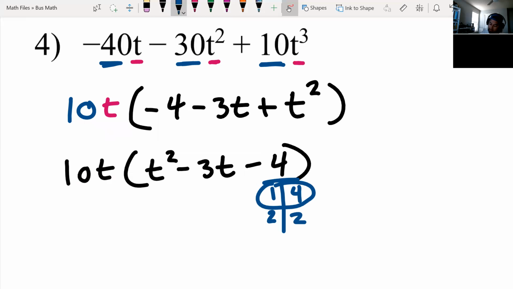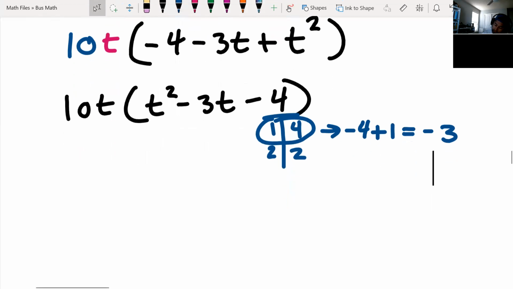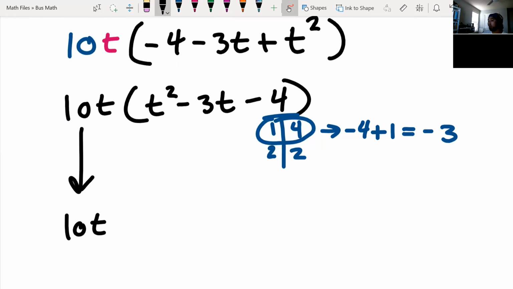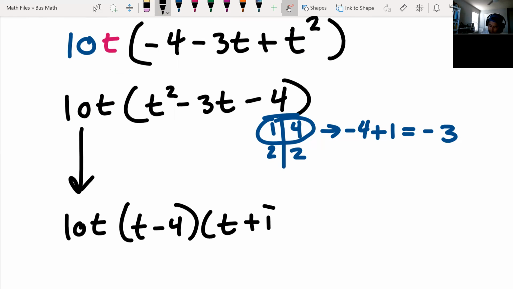So we're going to use these, and you said we can write it as negative 4 plus 1, which will give us negative 3. Good. So now, when I set up my parentheses, do not forget about the 10t. He tags along the whole way. I'm going to get t minus 4 and t plus 1. And that is it.